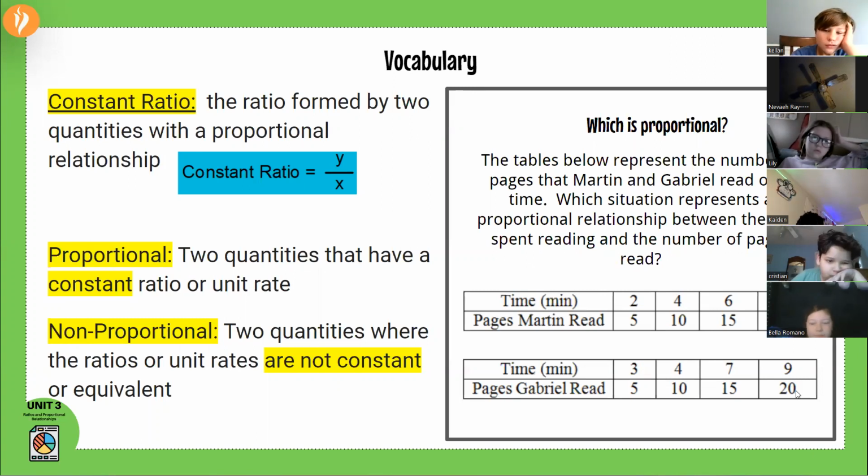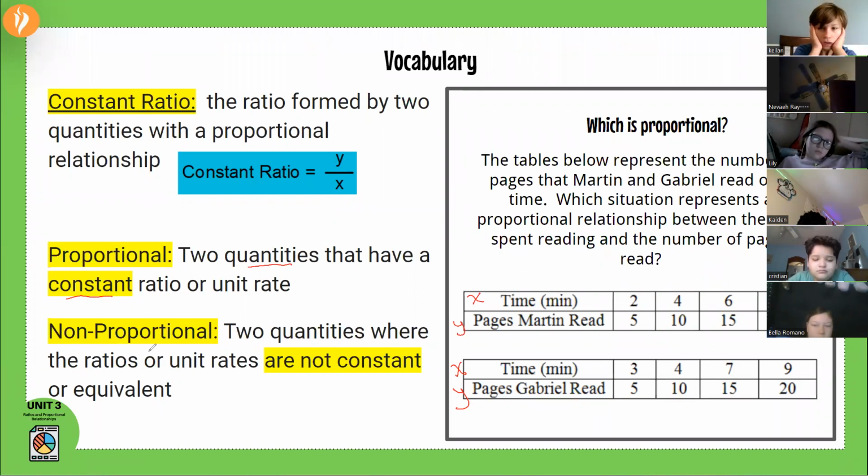In other words, if this was an XY table, to find out if a table represents a proportional relationship, if you divide Y by X and you get the same answer every time, it means it's proportional, okay? So that's what a proportion is. It's two quantities that have the same constant rate.